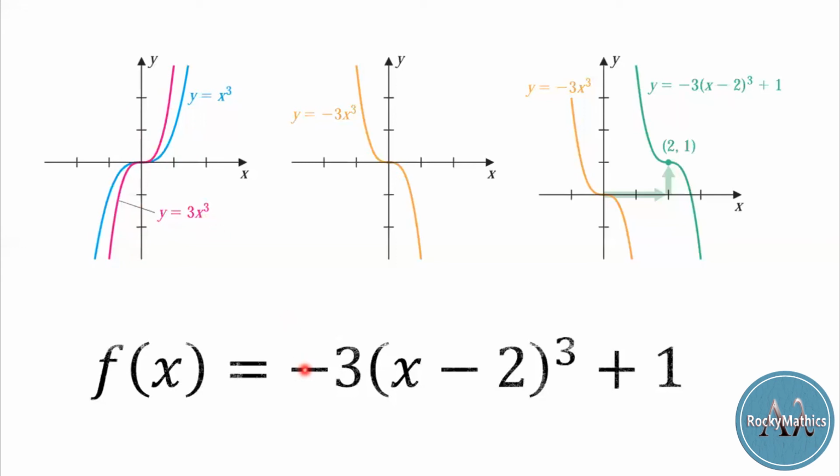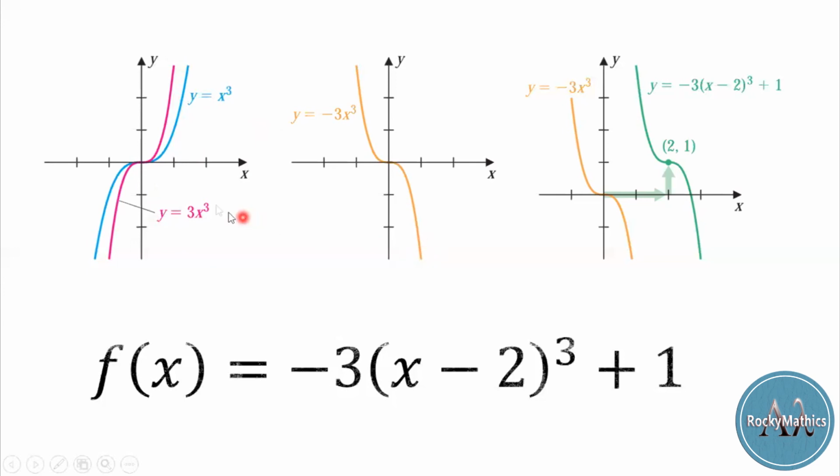But since there is a negative here, all we have to do is multiply each y value of this 3x cubed. Why is it the y value? Because the y value is the resulting value after evaluating the current function, which is 3x cubed. So multiplying by -1, the y value here, this is now the latest, right? The y value is 3 times -1, so it becomes -3.